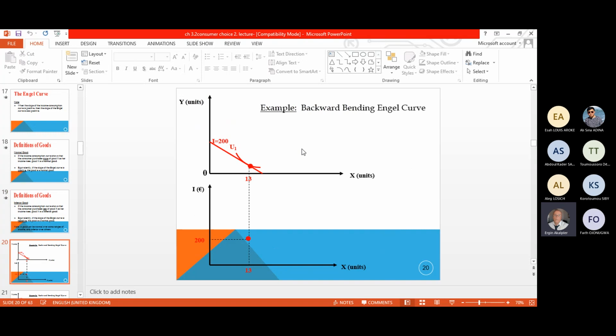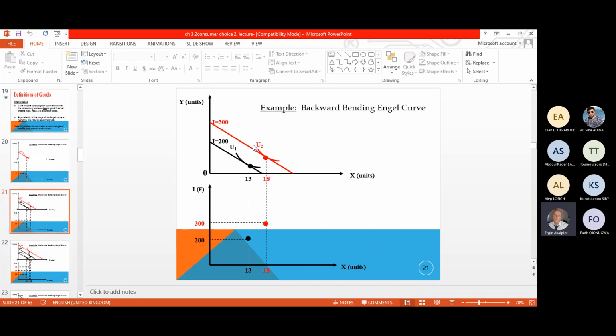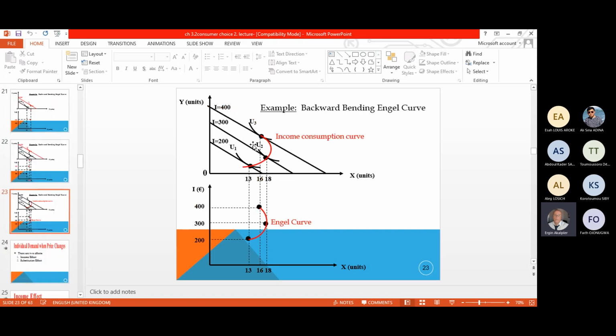A backward bending Engel curve is supposed to be represented as you are observing here because of this reduction, as I mentioned to you. This is then represented as going back at this intersection, the income consumption curve not going anymore enlarged from the origin, but it is going back because it is somehow causing some reduction in the consumption.